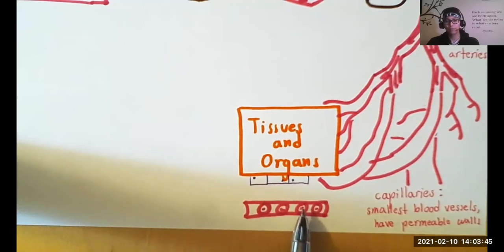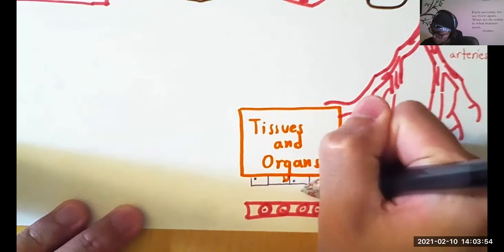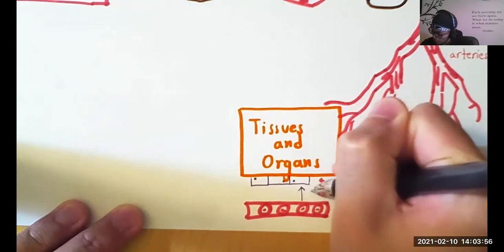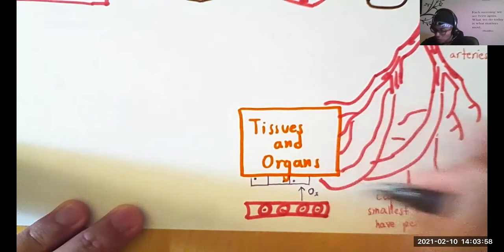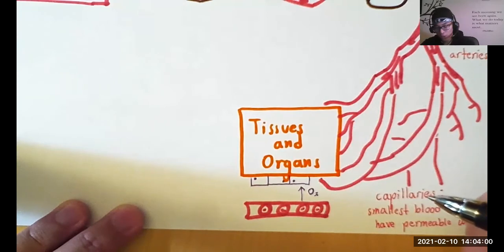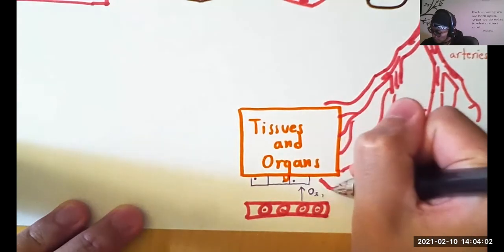All right, here's what happens. The red blood cells have packages to drop off. Each cell is going to receive a package of O2 gas, that's oxygen, and some monomer foods.